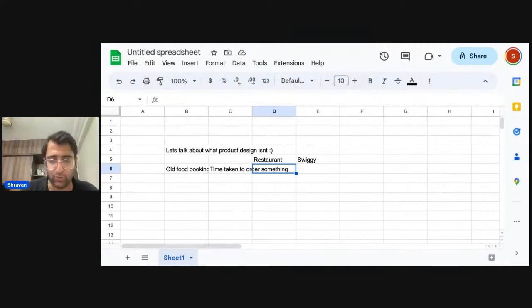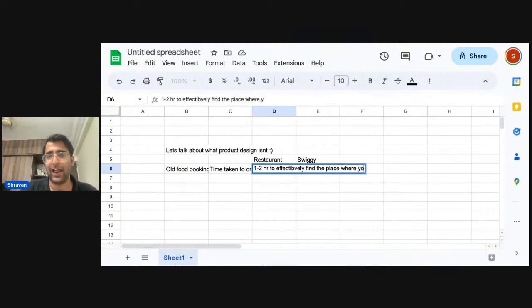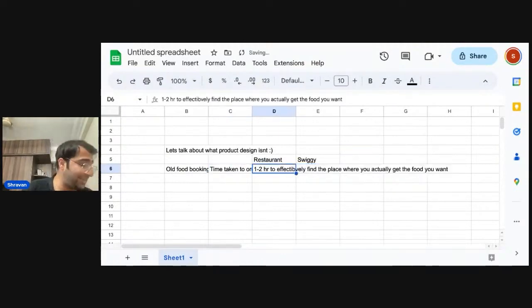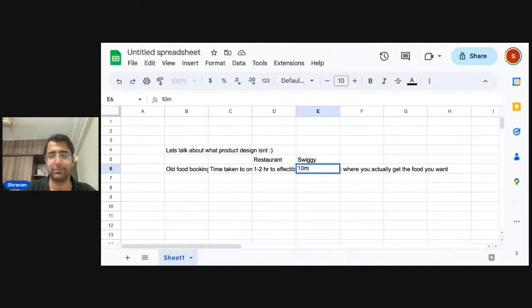On an average, it will take 1 to 2 hours to effectively find the place where you actually get the food you want. क्योंकि अब अगर मानो स्विगी जैसी कोई चीज एग्जिस्ट नहीं करती थी, let's assume there wasn't anything like Swiggy, you would have essentially to look down the internet, look at the listings of multiple restaurants, pick up, call them, ask do you have biryani, do you have this, do you have that, right? And it would have taken you 1 to 2 hours. In Swiggy, it takes you 10 minutes.